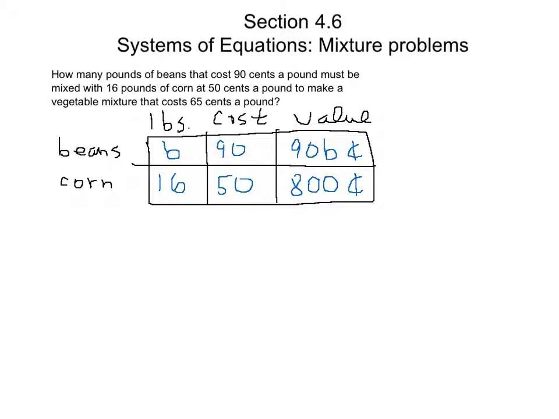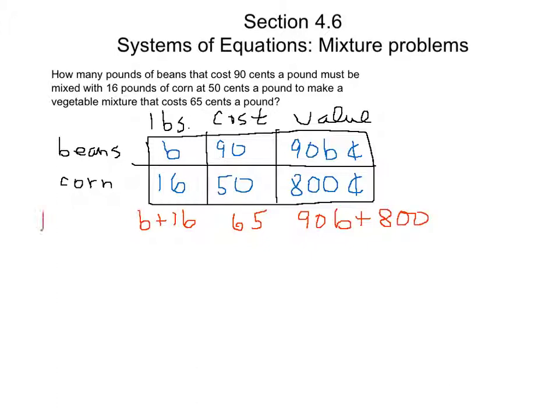Now we have to figure out where we get an equation from. And one thing to notice here is that this really doesn't require a system of equations. What we know is that the total pounds is B plus 16. The cost of this, remember it's given up top, is going to be 65 cents. And the total value is 90B plus 800.